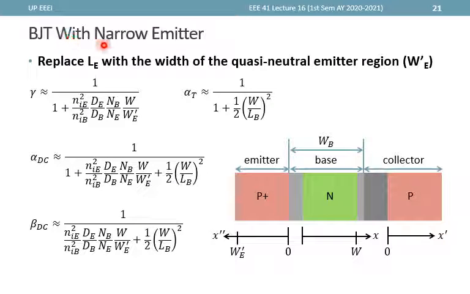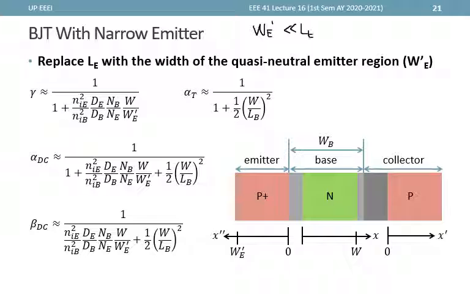Now, in the case that we have a narrow emitter alongside a narrow base, when we say narrow emitter, we are referring to the case when the width WE prime is much less than LE.